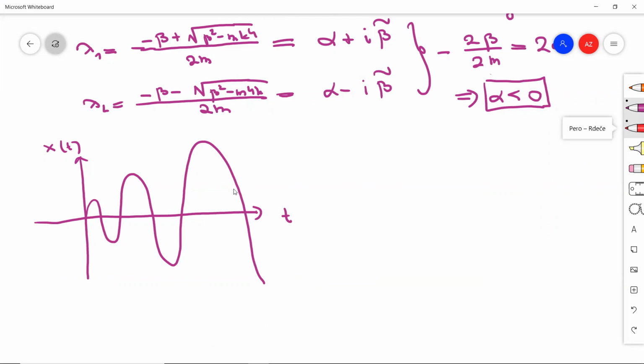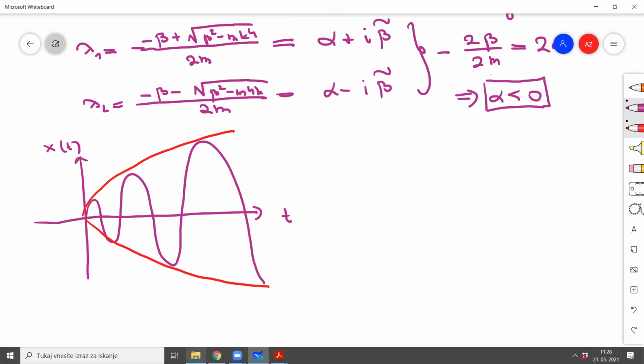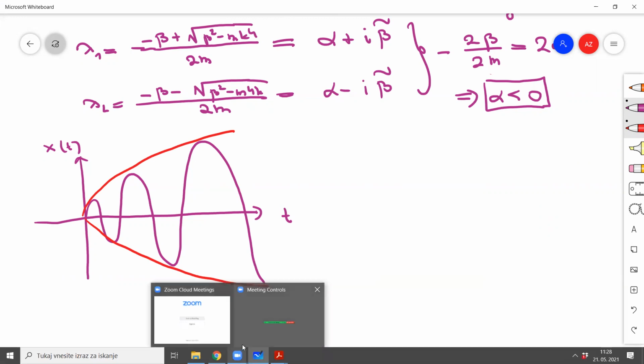So the amplitude is getting bigger. Of course, then what happens is that some forces become too big, and the spring would just fall apart because of that. Or if you know the situation with bridges, when the resonance occurs, when the amplitude is too big, the forces are too big.